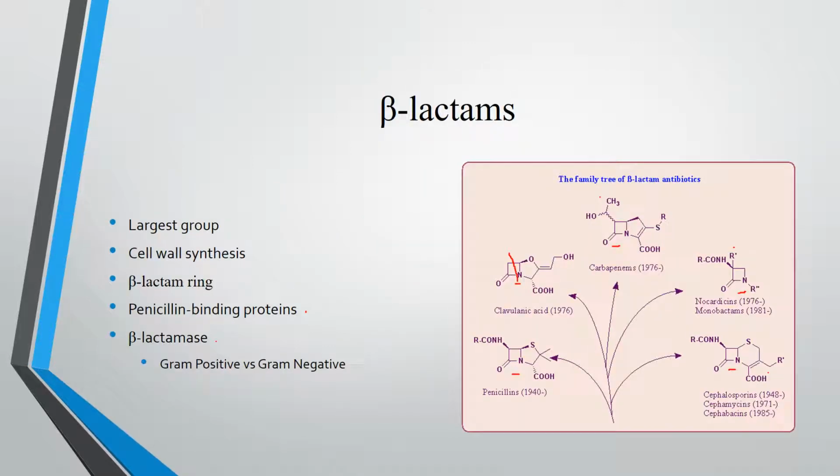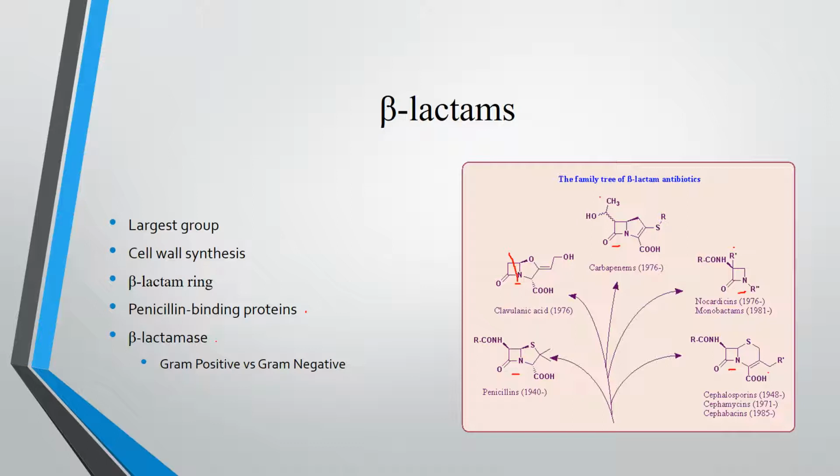So we're going to start with the beta-lactams because, of course, that's where it all started, with the first antibiotic being isolated as penicillin. We know now what makes that important is the fact that it is a beta-lactam. It has a beta-lactam ring target that is able to be the functional part of these antibiotics.